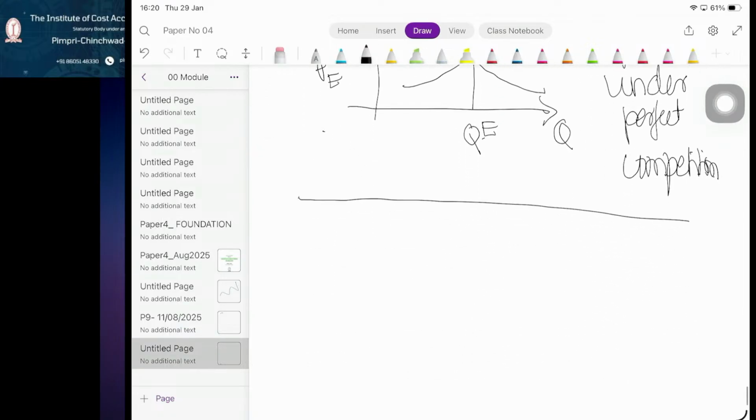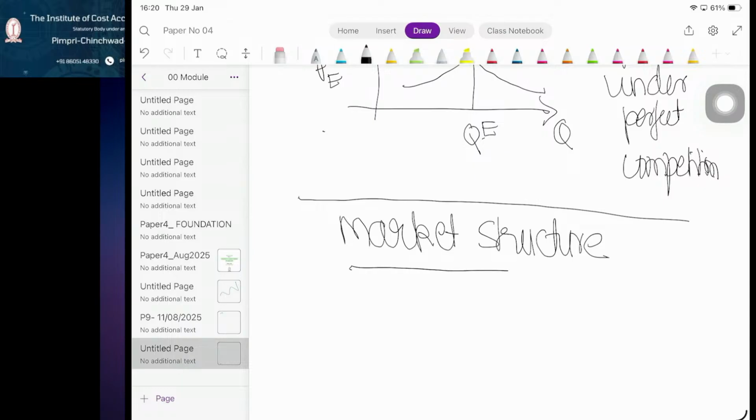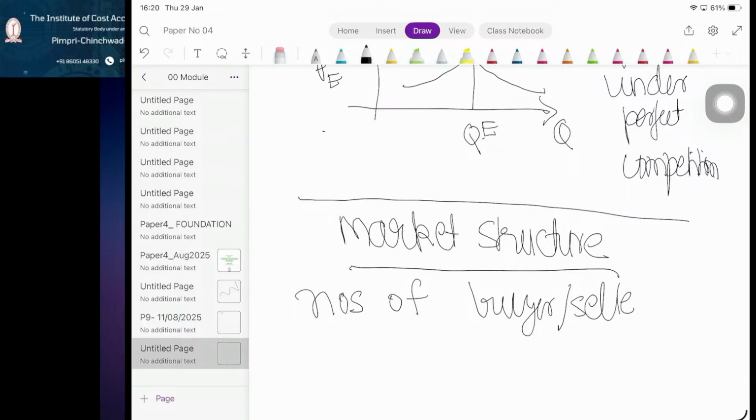Just write down the term market structure. Market structure in economics means the number of buyers, sellers, and their relative size distribution.